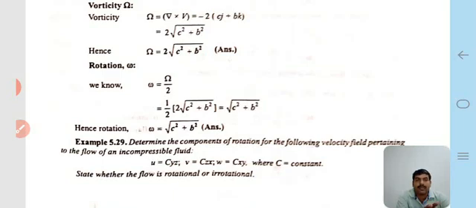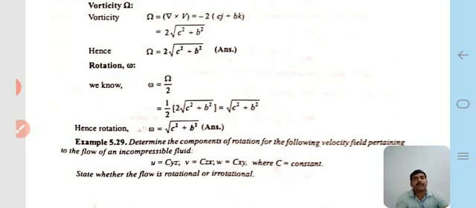Circulation per unit area is called vorticity, and it is twice the rotation. Simple.